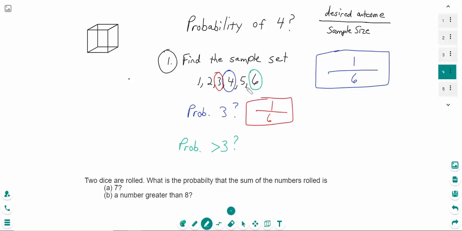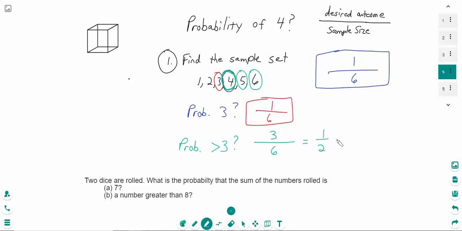So 6 is greater than 3, 5 is greater than 3, and 4 is greater than 3. So we have 3 outcomes that are what we're looking for. They're the desired outcomes, and that is the numerator. We have 3 possible outcomes out of how many total outcomes? 6. Now this can be reduced just like any other fraction. So 3/6 is going to be 1/2.